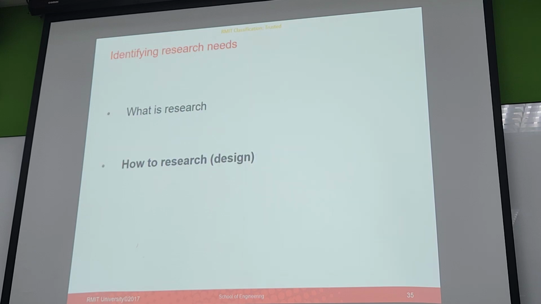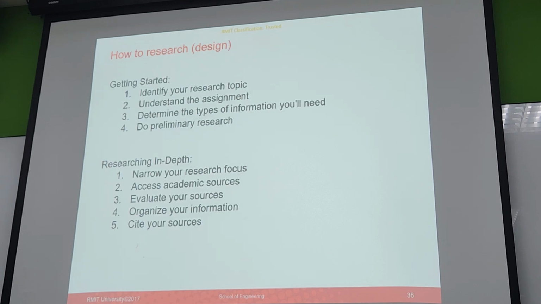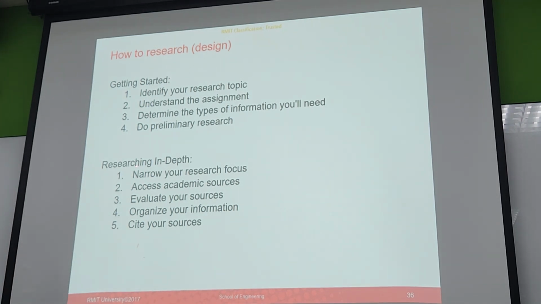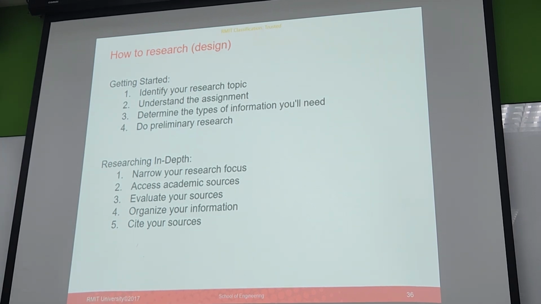And then how to research for design. In design research, you go through two steps: getting started, and then researching in depth. It means start the research very quickly and then go very deep.